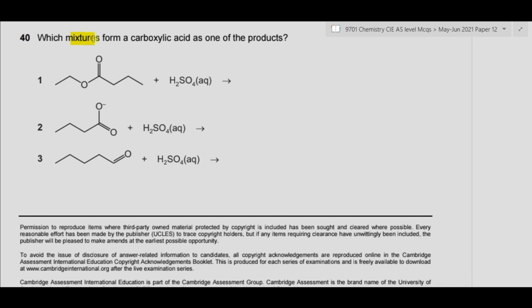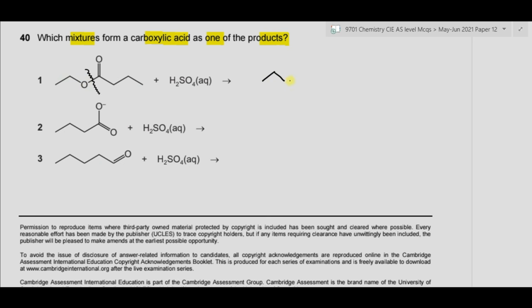Question 40. Which mixtures form a carboxylic acid as one of the products? In first one we have an ester, as C double bond O O is present, and in the presence of aqueous sulfuric acid, acid hydrolysis of the ester will take place, and it is divided into two parts. The portion containing the carbonyl carbon will be converted into carboxylic acid, while the portion containing oxygen will be converted into alcohol.